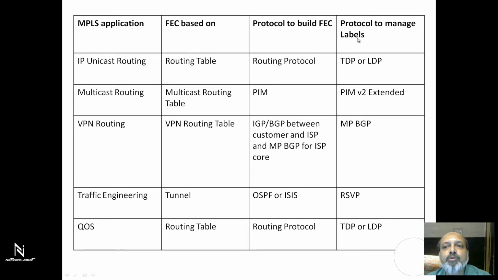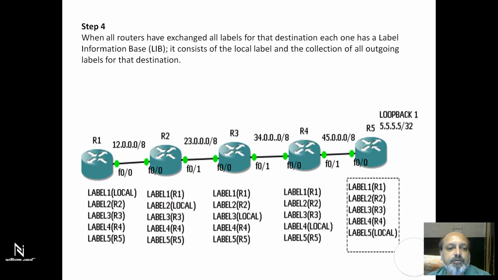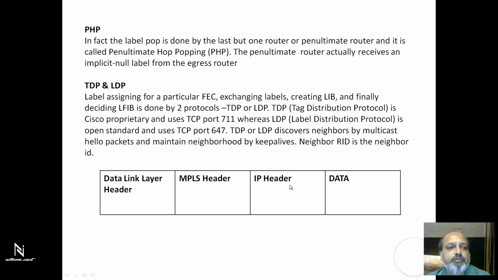Because there must be some protocol that will be generating the labels, responsible for mapping between the labels, and responsible for attaching the labels to the data. These things are done by TDP or LDP if you are considering normal unicast routing or quality of service. So let us discuss TDP or LDP.